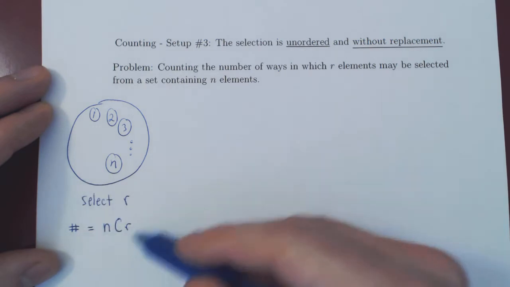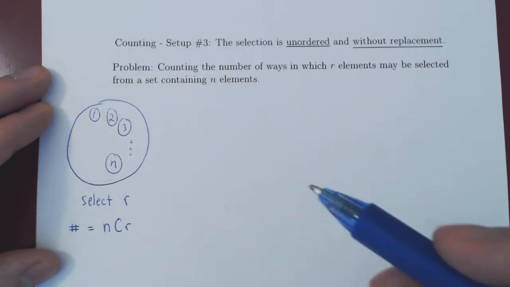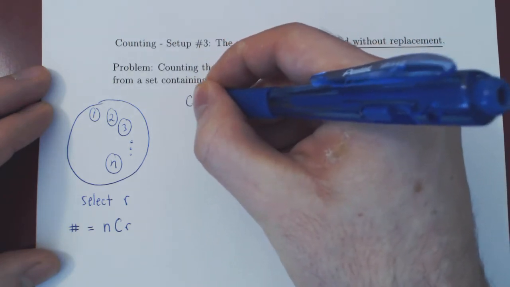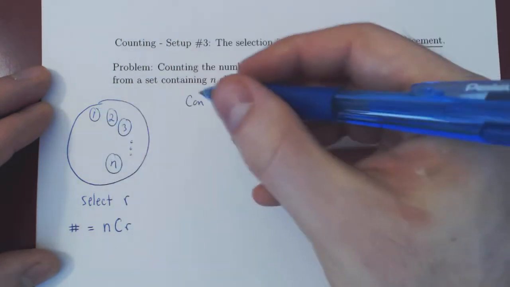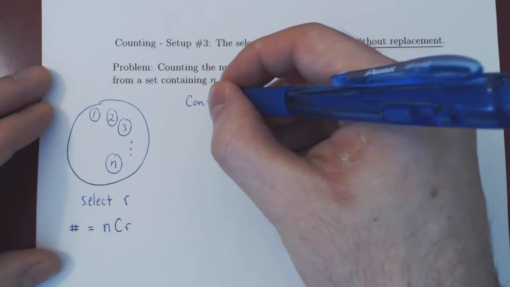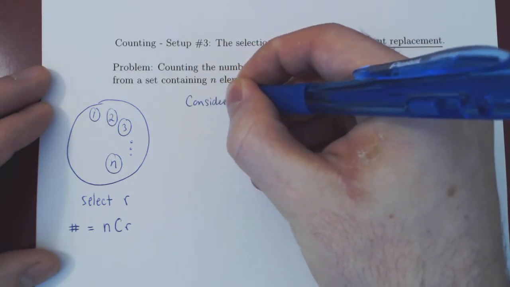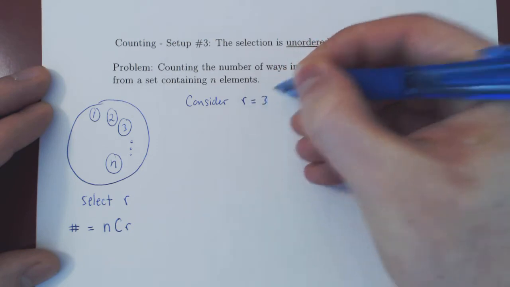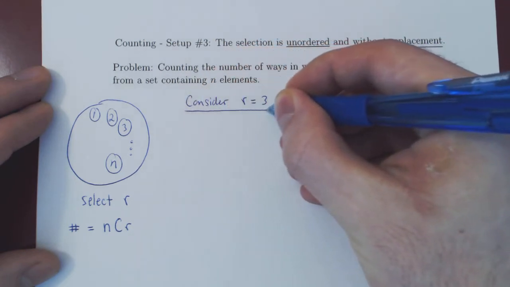This is a little trickier to count, so let's start first with a simple case where we only select 3 elements. So n is any n, could be 10, could be a million. But let's consider only choosing 3 elements from our set.